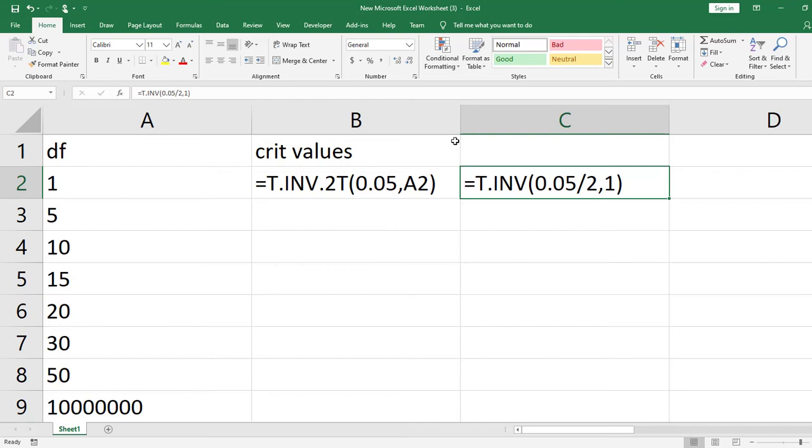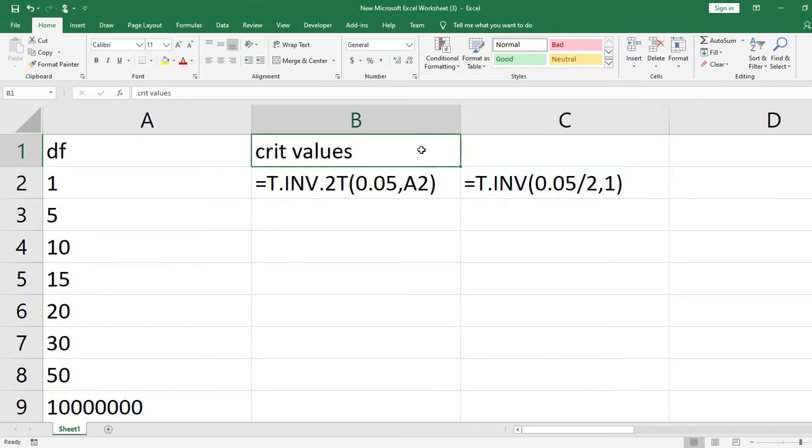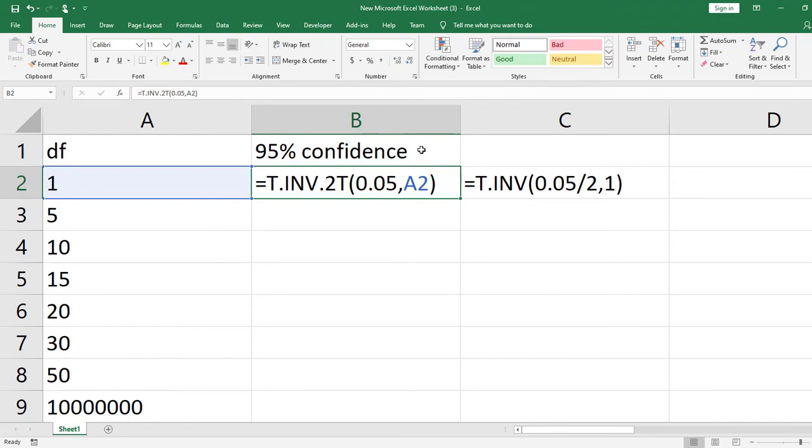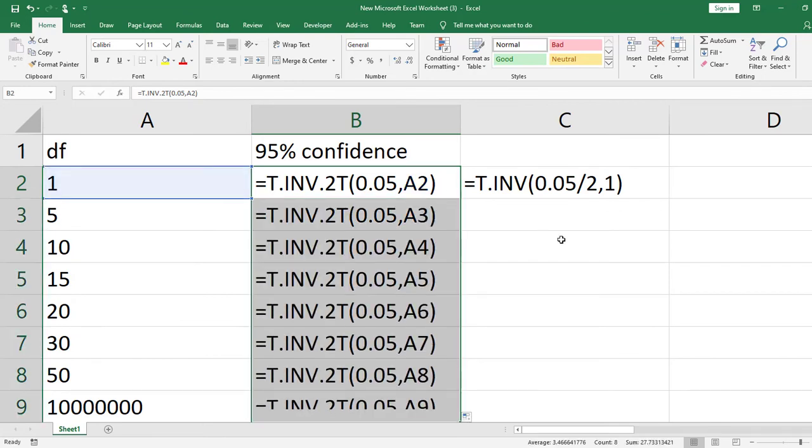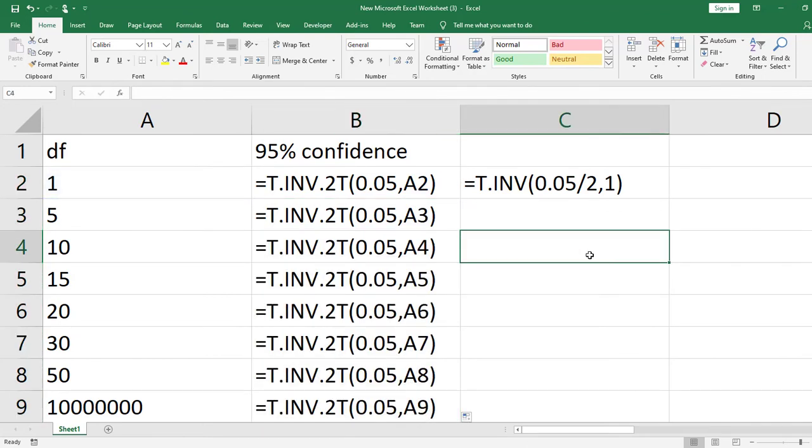Okay, what do you think will happen when I copy and paste that critical value? We'll even indicate it's the critical value for 95% confidence. What do you think will happen when I copy and paste this down and get t values for all of these possibilities? What will happen to that 95% confidence t value?